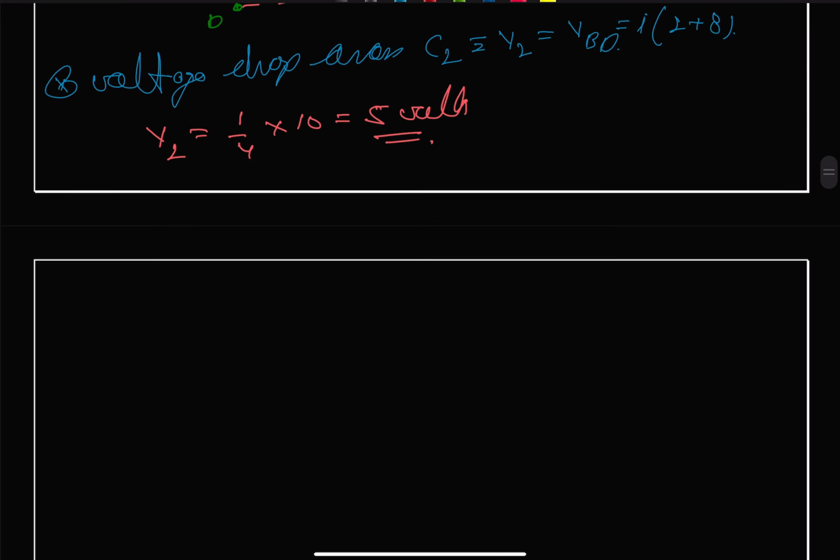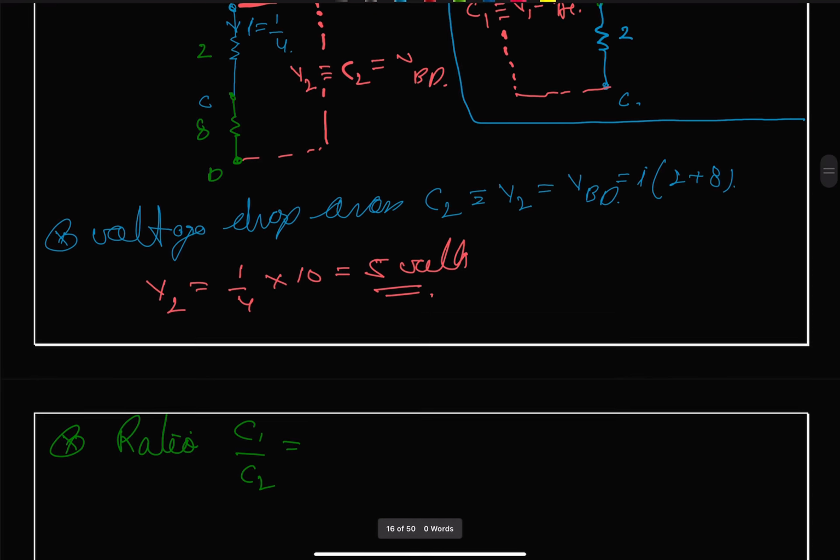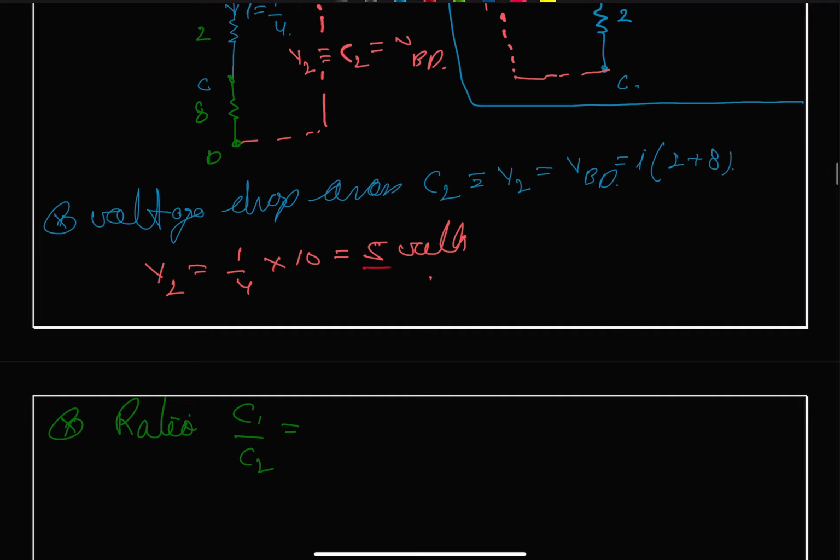Therefore we can say the ratio C1 by C2, we are going to get this as 2/5. Sorry, this is my mistake. It's not 5 volt, but this will be 5/2, because this goes by 2 and this goes by 5.